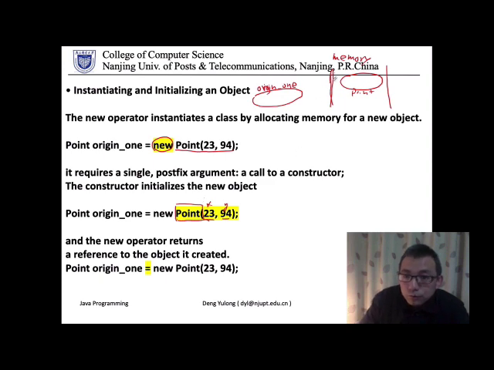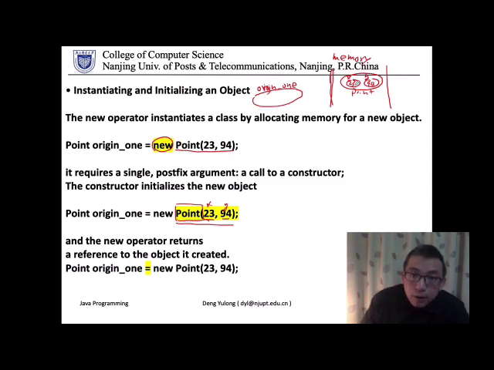So now we invoke the constructor, and it assigns the values to the member variables, x and y, with the values 23 and 94. Once we invoke this Point constructor method, we have an object inside the memory, and inside the object the member variables get these values.